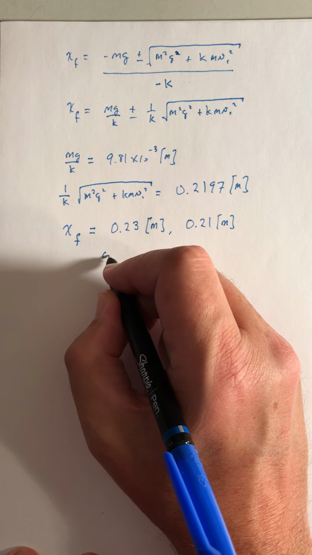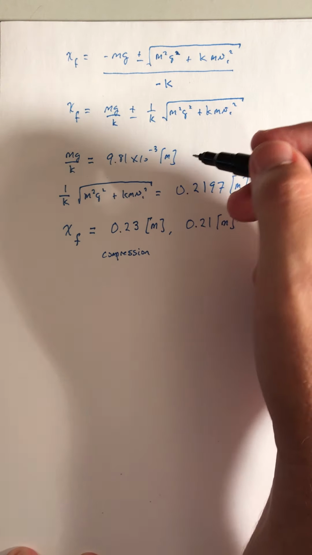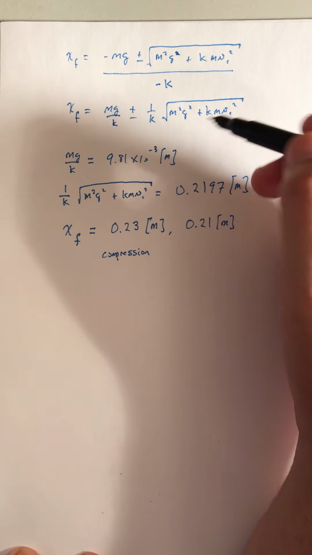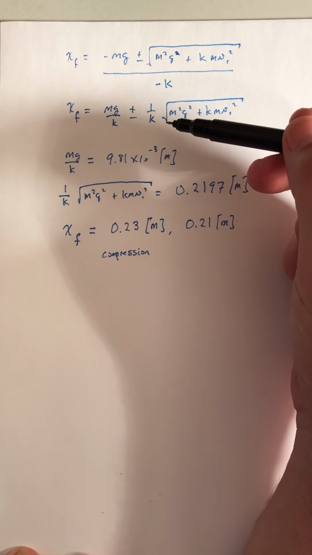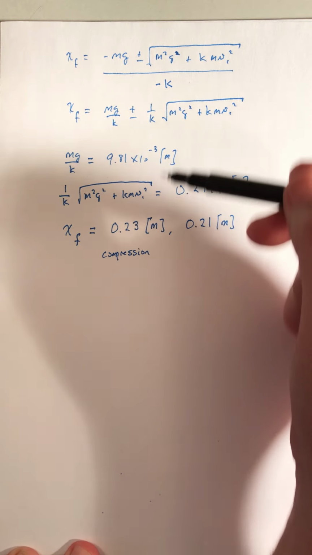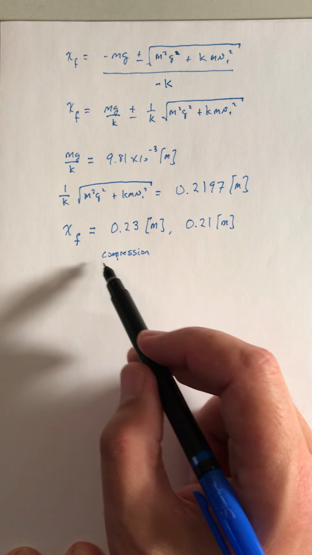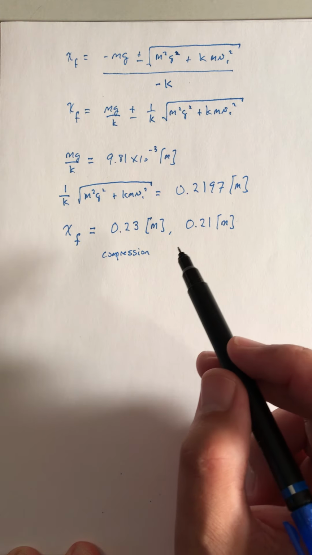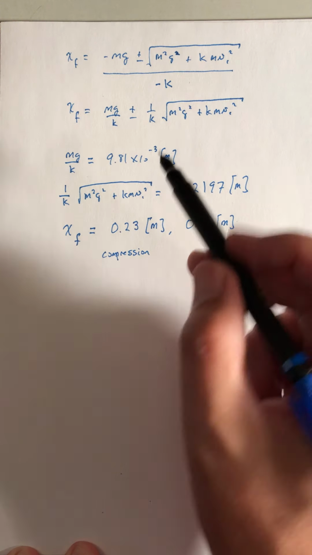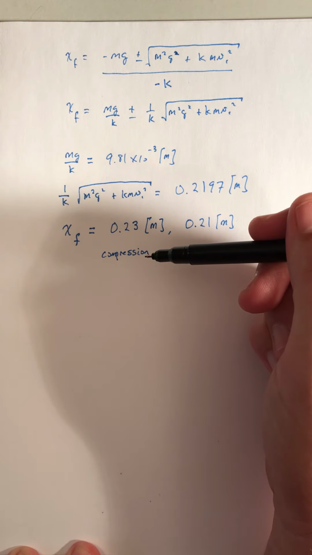0.23 meters is the story if the block started with its double initial speed of 6.94 meters per second directed down. So that gives us how much it's going to compress the spring to bring the block to rest. That is also the direction that gravity is helping to speed up the block.